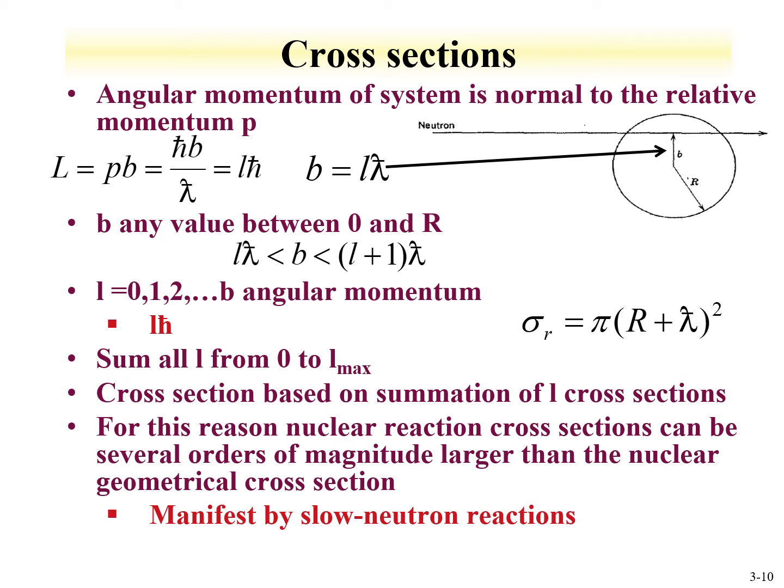And we can see that the cross section is now going to be based upon a summation of the system angular momentum cross sections related to the impact parameter. And it's for this reason that nuclear reaction cross sections can be much larger than the nuclear geometric cross section, so the physical space. And this is really manifest by slow neutron reactions.